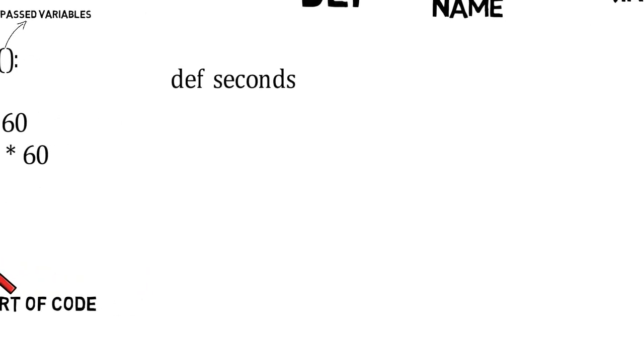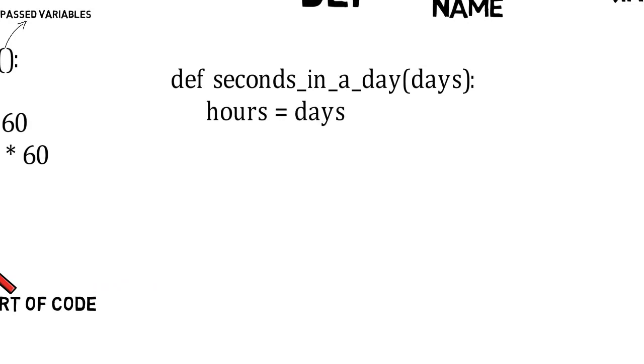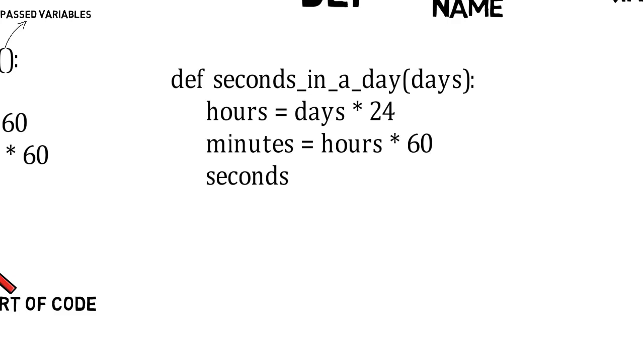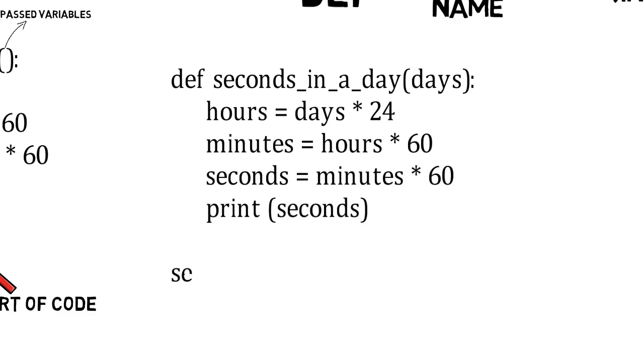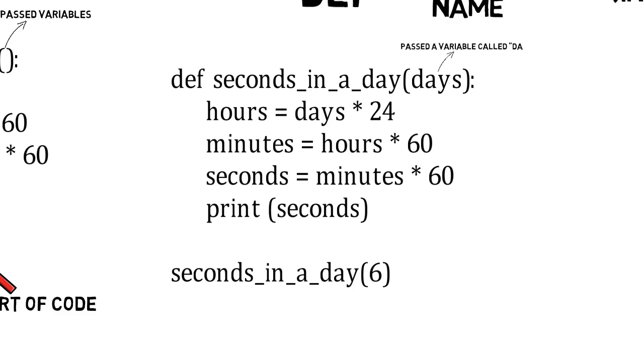def seconds_in_a_day(days): hours = days * 24, minutes = hours * 60, seconds = minutes * 60, print(seconds), seconds_in_a_day(6). In this example, our function is passed a variable, which we call days.